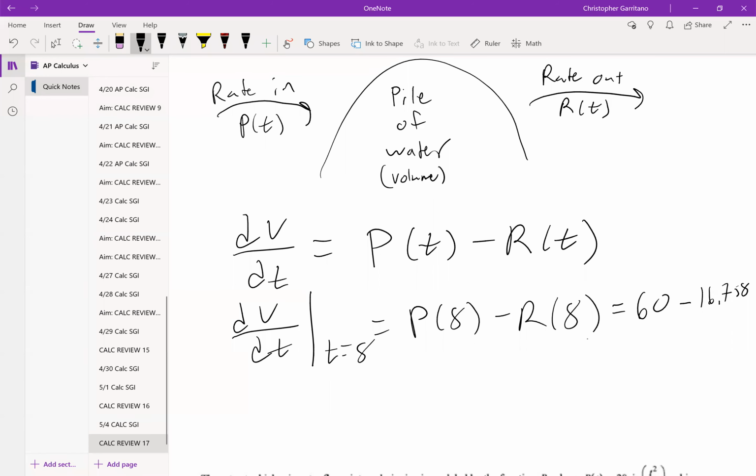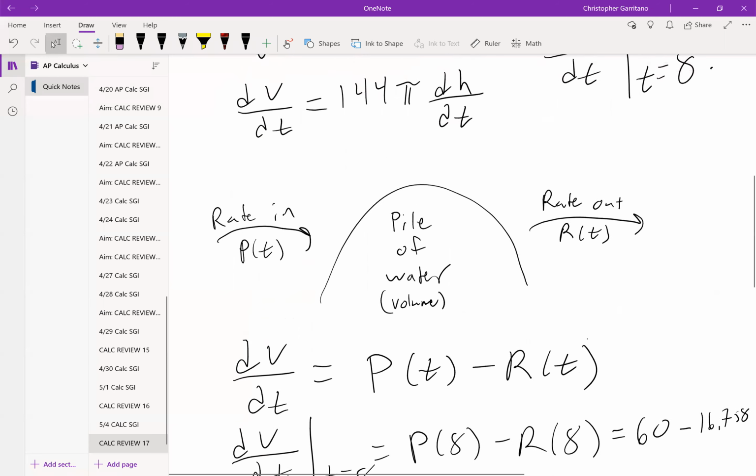Okay, so P of 8 minus R of 8 is 60 minus 16.758. By the way, a few of you asked what you should round to, and as I've been saying all year, round to 3 decimal places. I've definitely said that dozens of times, so it still holds true. The AP is strict about it, round to at least 3 decimal places.